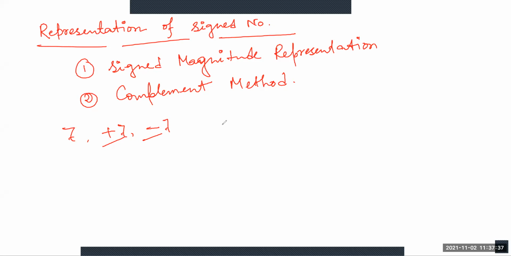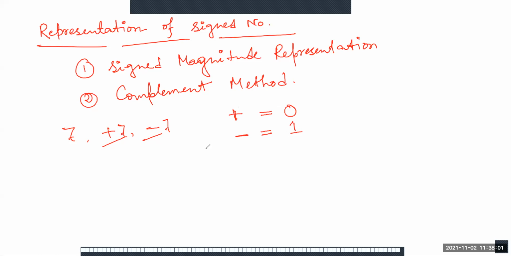Okay, so you just remember always that for plus it is always 0 here, for minus it is denoted as 1.